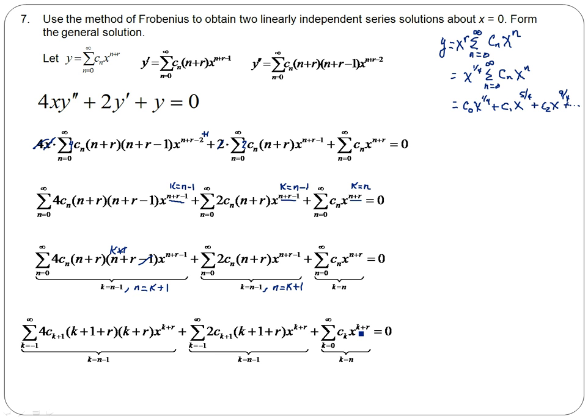Okay, so after you get all the same powers of x, x to the k plus r, then you want to look at your lower index, and you want to make sure that each of these is expanded so they start at the same location. You want to start at the higher number, at 0.